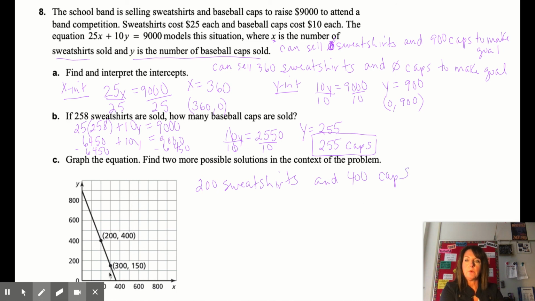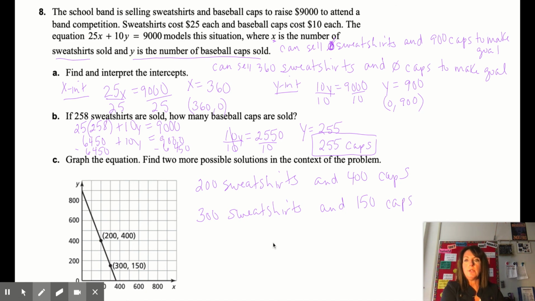Here's another point, right? 300 and 150. 300 sweatshirts and 150 caps.